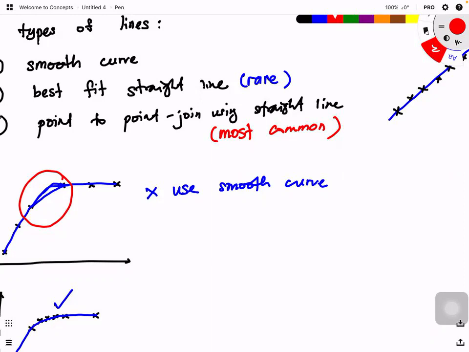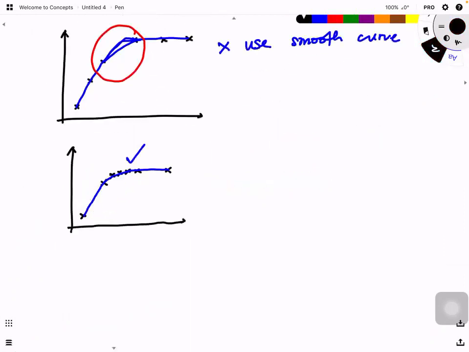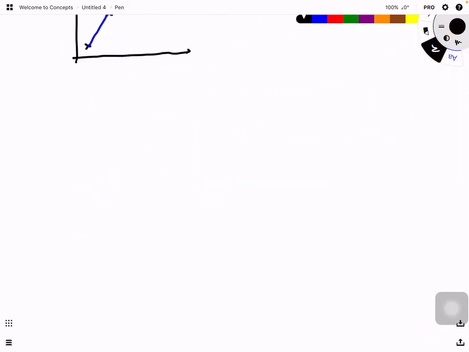So how do you draw point-to-point? Always remember, it must be a straight line, from the center of the cross to the center of the cross. You cannot extrapolate. If you extend a little bit like this, it is wrong, and you won't get the mark for the line.